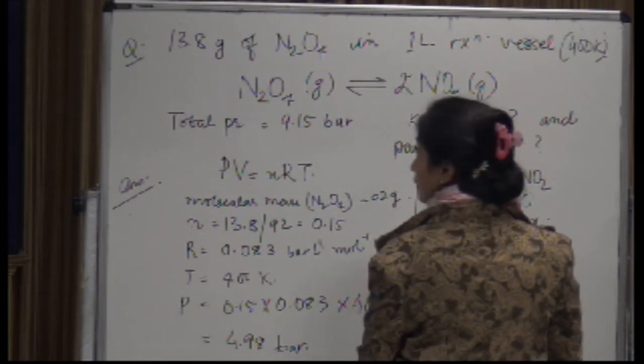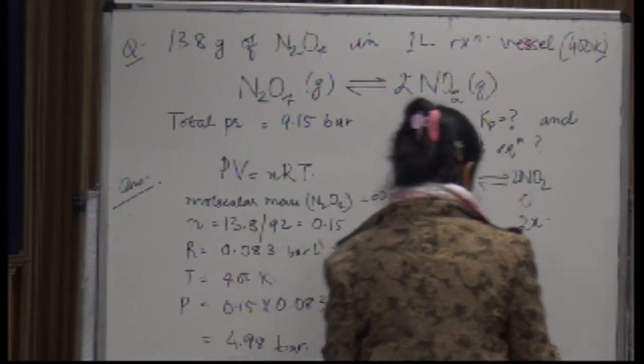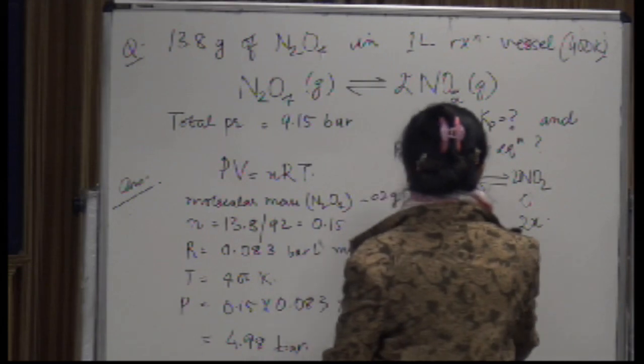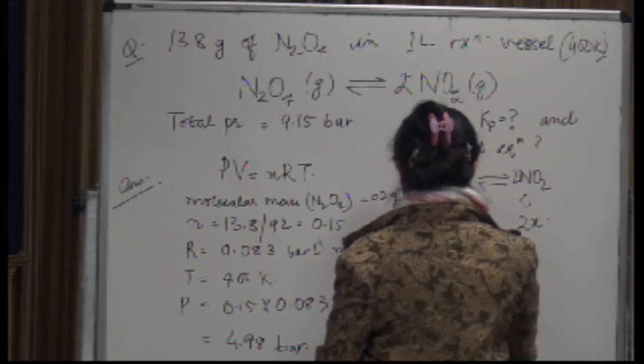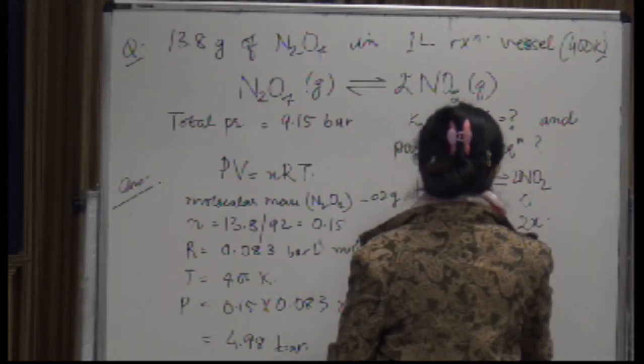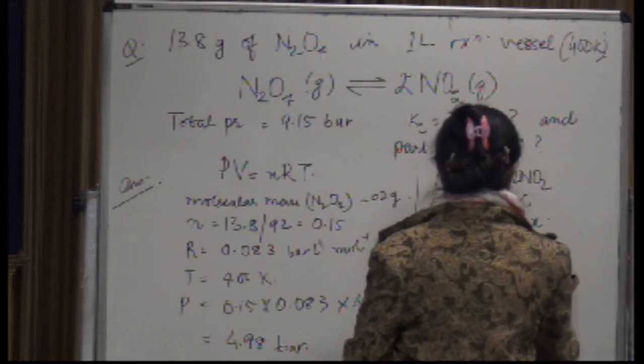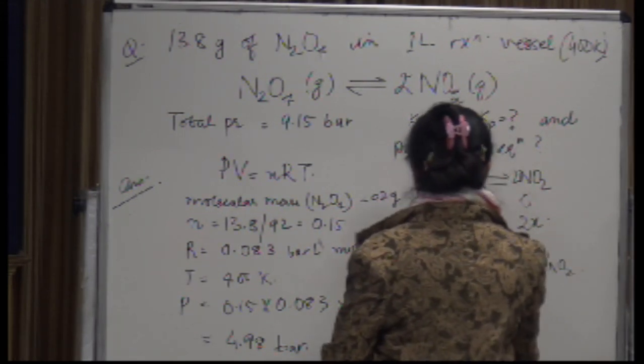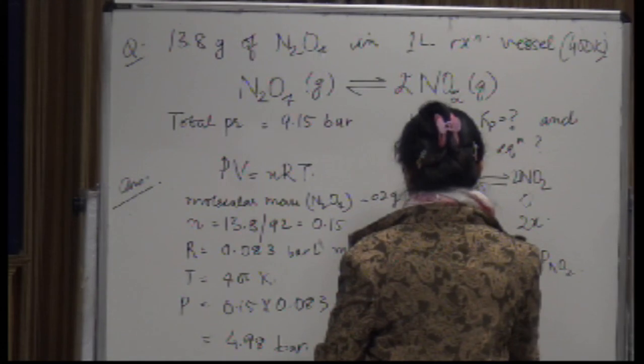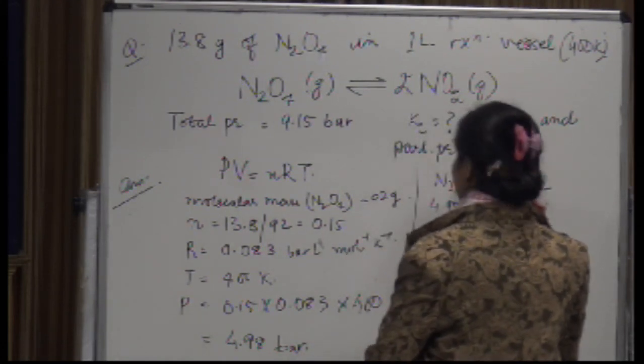You can write down the expression for Kp, and now you know that P total at equilibrium is equal to P of N2O4 plus P of NO2. What is your total pressure? That is equal to 9.15, which is given to you.